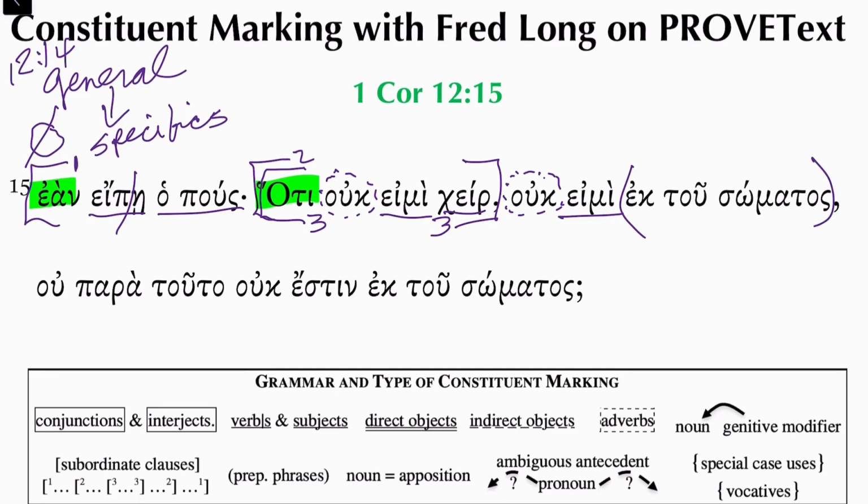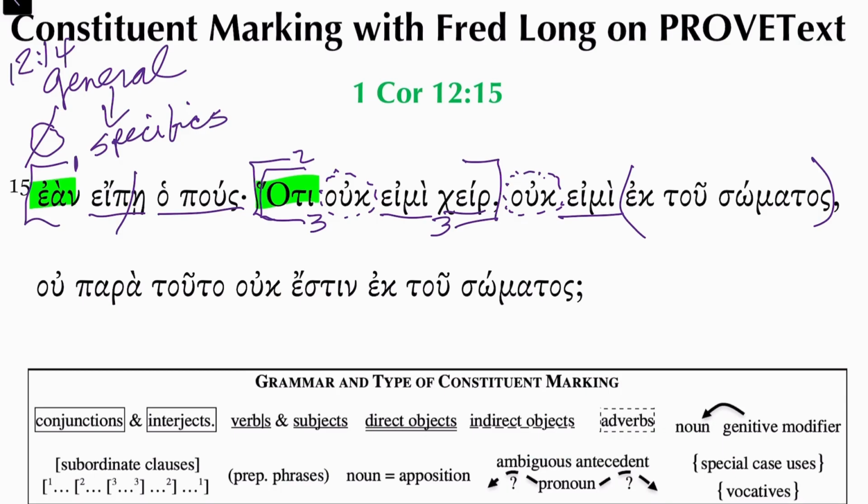Because I am not a hand, I am not from the body. So far, this is what the foot is saying. So if the foot says, because I am not a hand, I am not of the body. I'm not from the body or apart from the body.